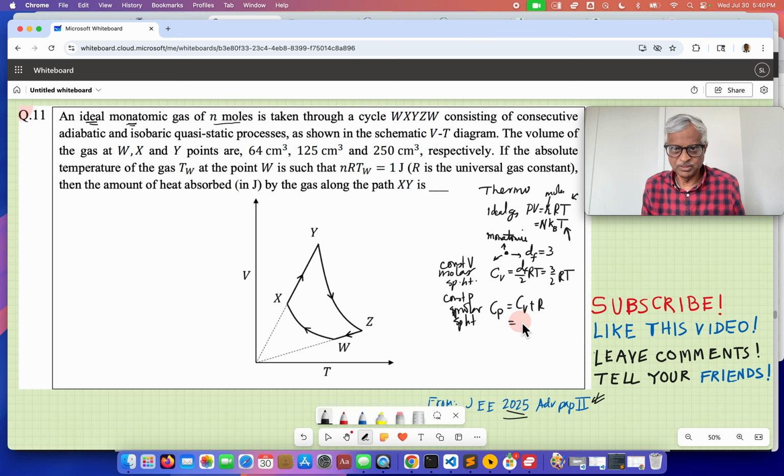So this will give me 3/2 R plus R, which is 5/2 R.